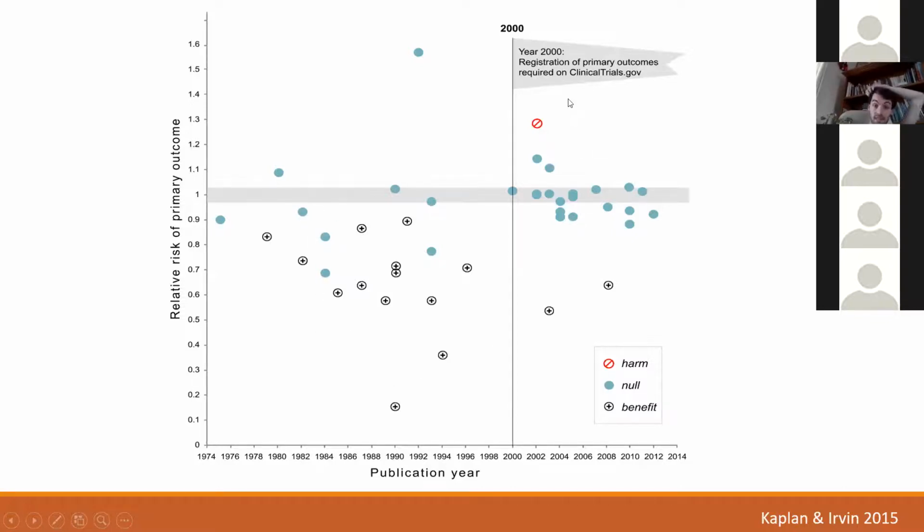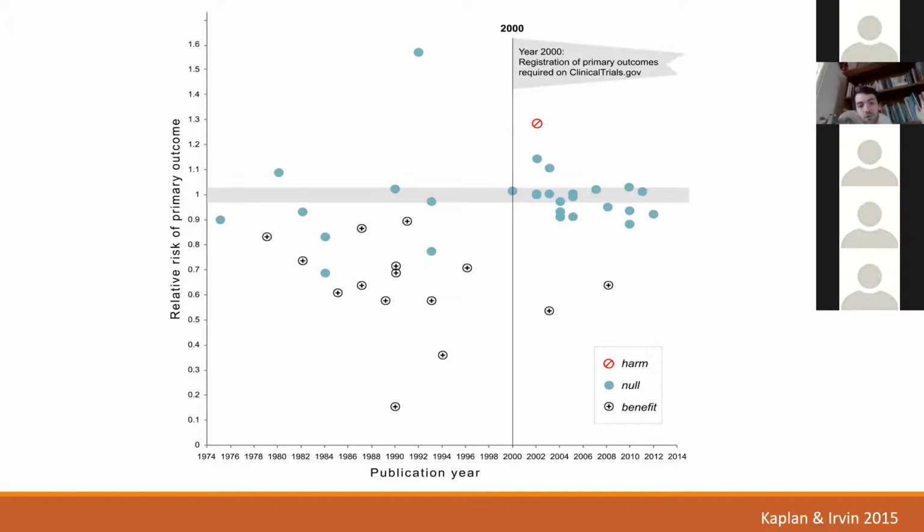So you can see before they mandated registration, about 80% of the drugs were working or claimed to work. You got all these significant results. And then as soon as they mandated public registration, the whole diagram constricts in. All of these trials that were consistently churning out benefits are now turning into null effects. Rather than having 80% benefits, you're having 90% being null effects.